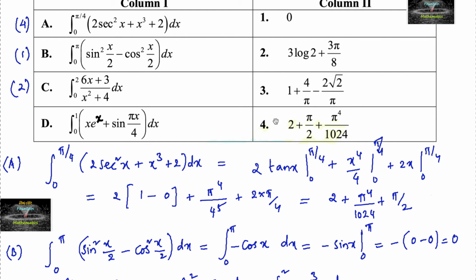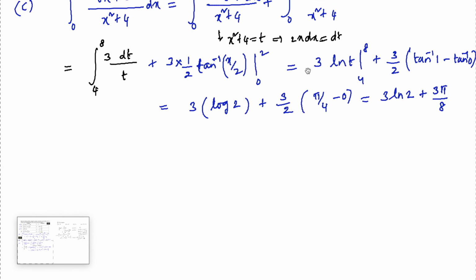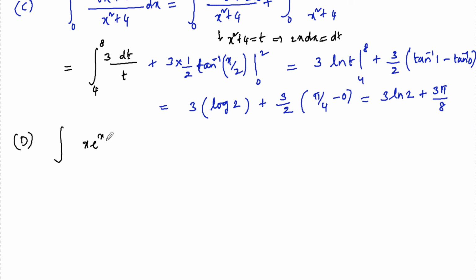And coming to the fourth one, d, 0 to 1 x e power x plus sin pi x by 4 dx.